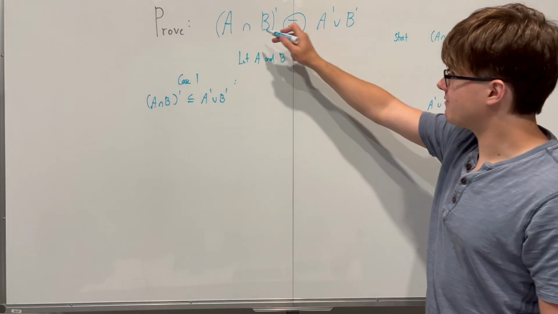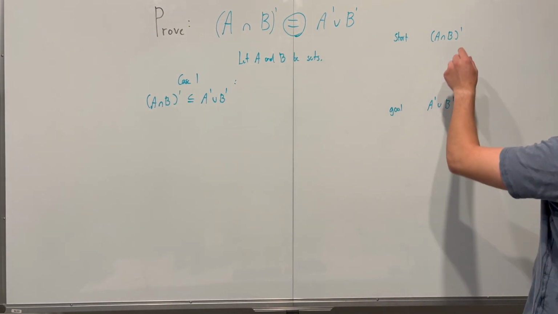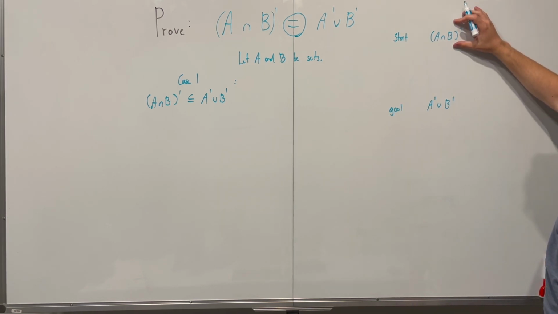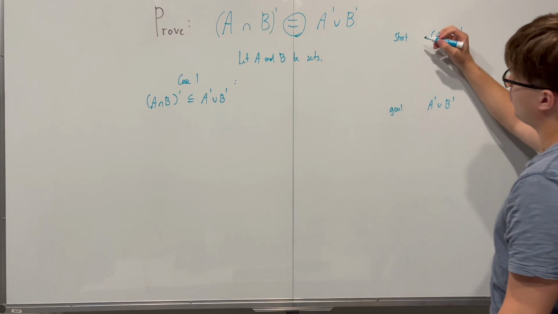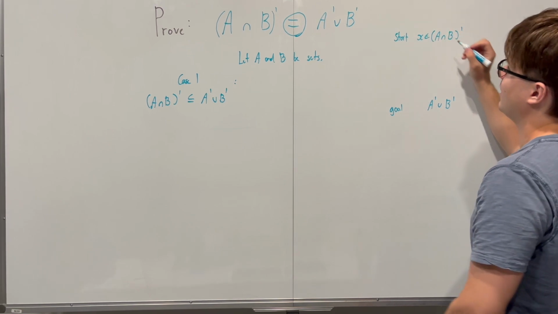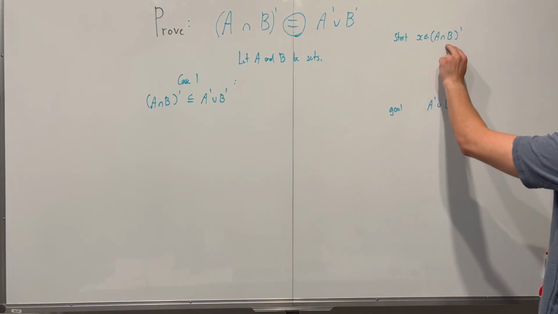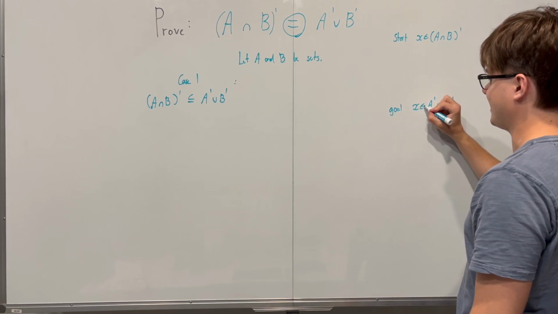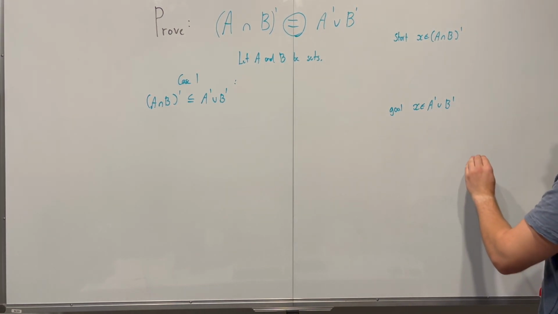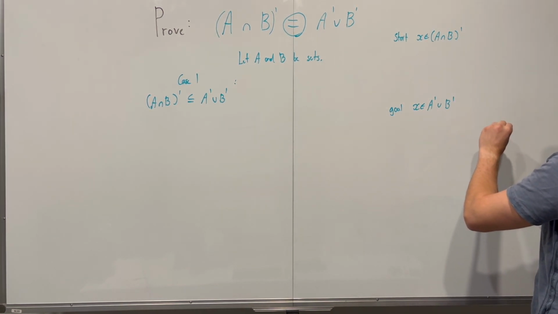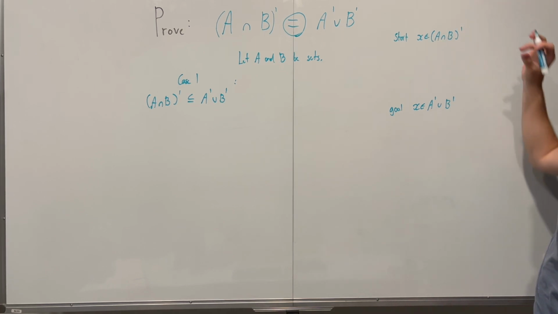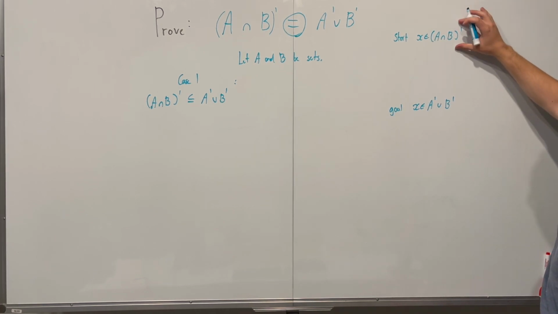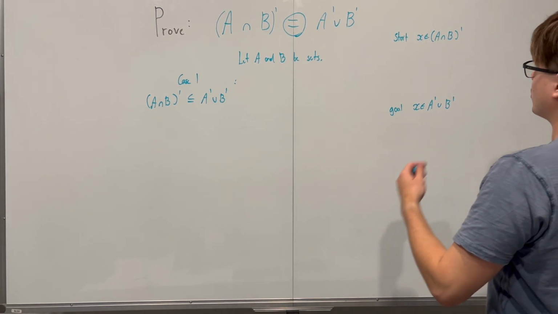To prove that the left-hand side is a subset of the right-hand side, we want to prove all elements in this set are also going to be in this set. Or if we create a representative element X, and X will represent any element in this set, if we can show that X can be in this set, then since any element in the left can be on the right, that makes the left a subset of the right. So how are we going to do this?